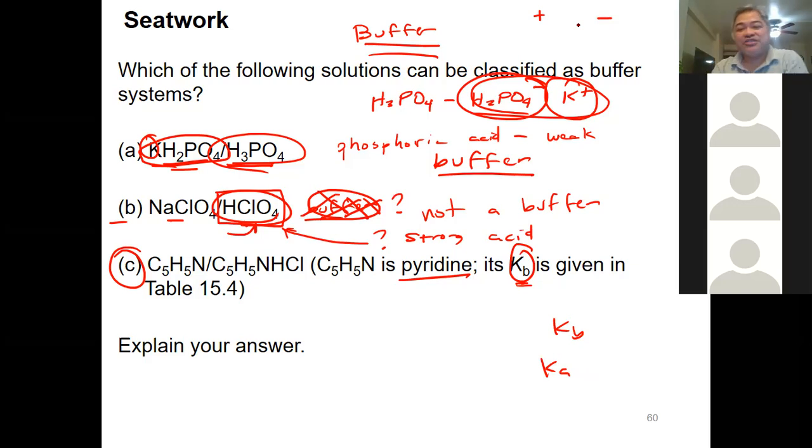So the next thing that you're going to do, okay, you identify that it's a weak base. Now, does it have its salt? So ano yung salt niya? C5H5N. So if this is a weak base, so that means its conjugate acid is this one, right?